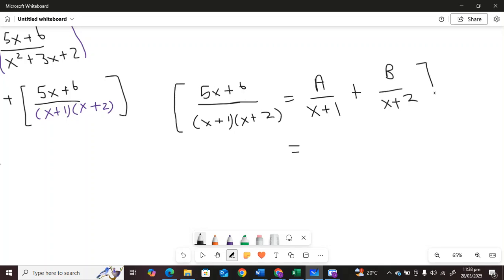We're going to multiply the left hand side by x plus 1 multiplied by x plus 2, so that these cancel each other out. And we'll do the same on the right hand side.